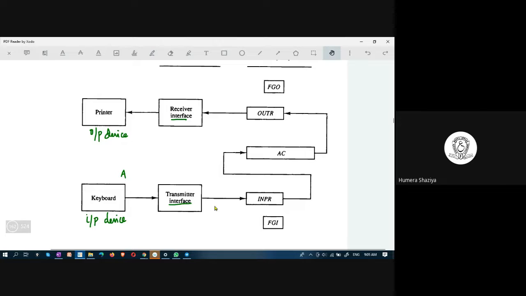And to indicate that there is some value in the input register, this FGI flag is set. When this FGI flag is set, it means there is some value in the input register which can be transmitted to the accumulator.